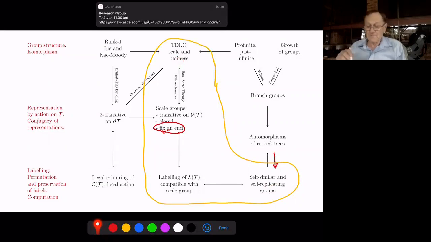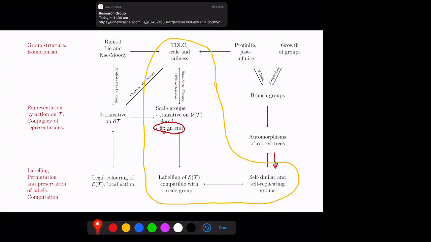But now I think it's an interesting question whether that group is the stabilizer of an end of a group acting 2-transitively on a tree. I think that's a question that we don't have an answer to, but it's a very interesting one. But the short answer is it's very close. It's very important, the connection between self-replicating groups and structure theory.